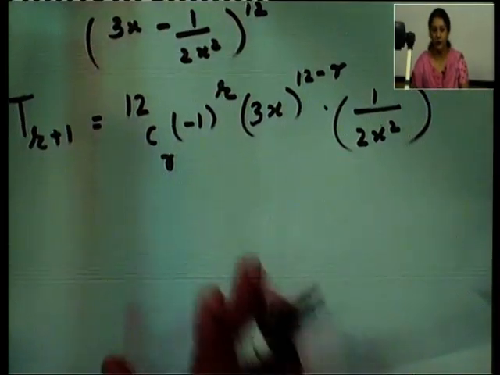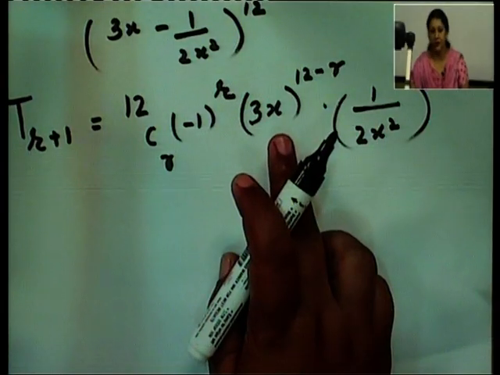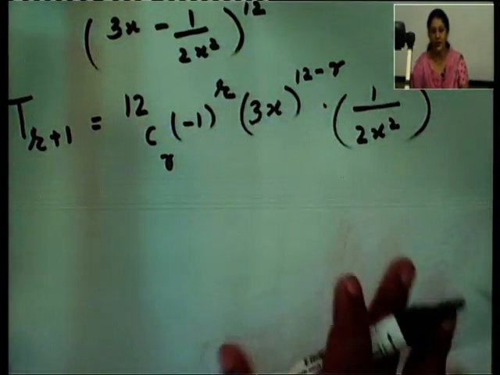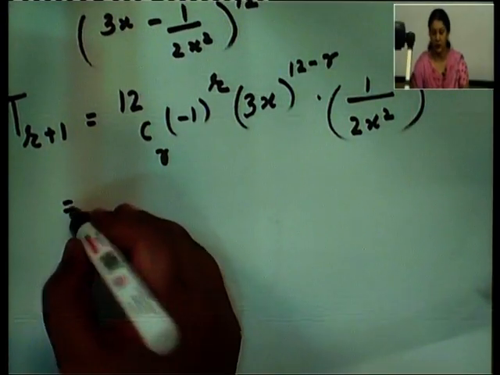We will find the power of x appearing here and put that equal to 0.